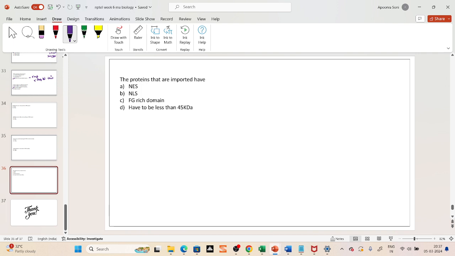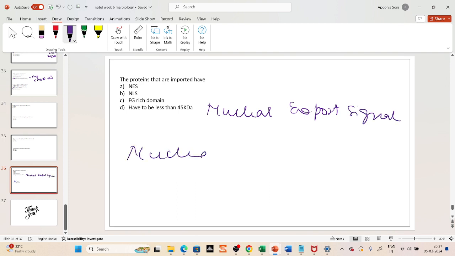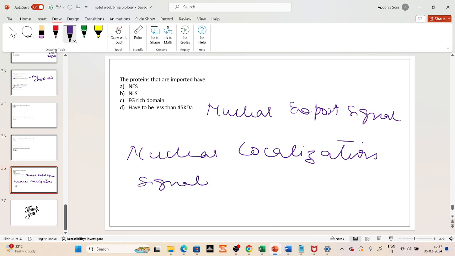Nuclear export signal and nuclear localization signal. Export signal means these signals are needed to move things outside the nucleus or inside the nucleus?